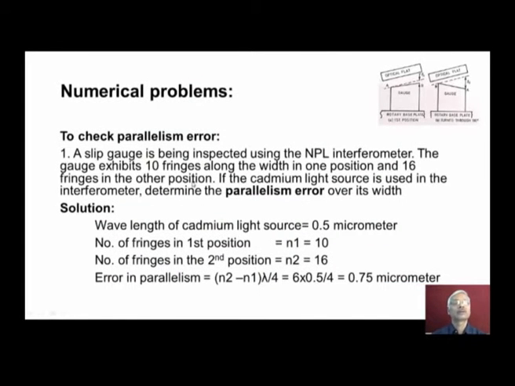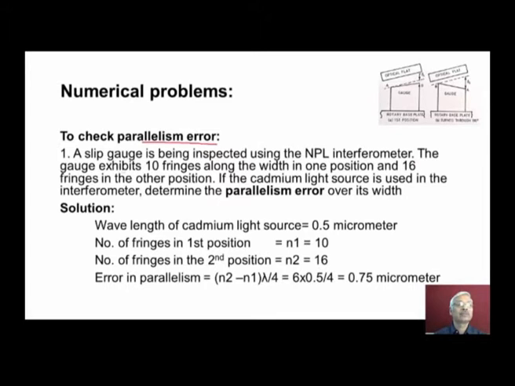Now let us try to solve some numerical problems so that we can understand the basis in a better manner. Now how do we check the parallelism error? The error in the parallelism of the workpiece surfaces. A slip gauge is being inspected using an NPL interferometer.